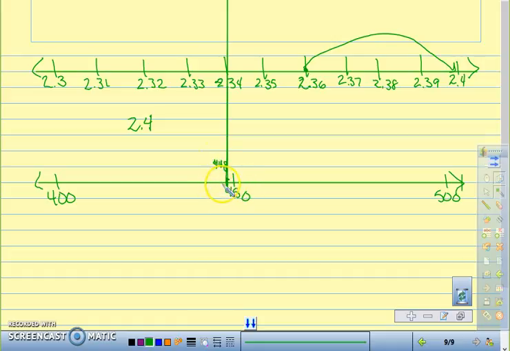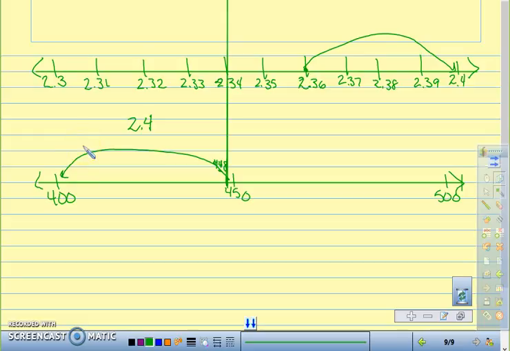Now, just because 448 rounds up to 450, it does not mean that we go all the way up to 500. When we round 448, it is less than 5 because we look at the number to the right of what we're looking at, which is the 10s spot. It will round down to 400. So hopefully that is somewhat clear.